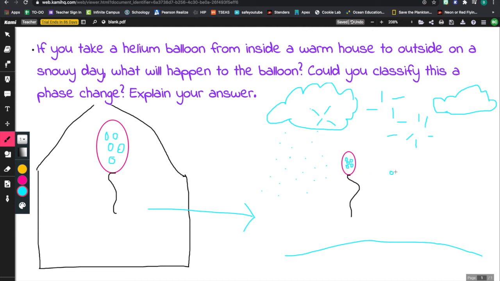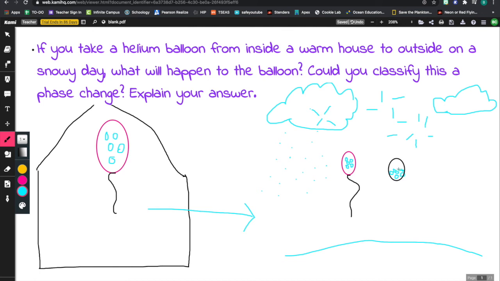Okay, so essentially, if it gets super cold, you might have a balloon that is smaller. Okay, let's just call it there. And they are all now on the bottom because they are in a liquid. They've slowed down enough to turn back into a liquid, all right?